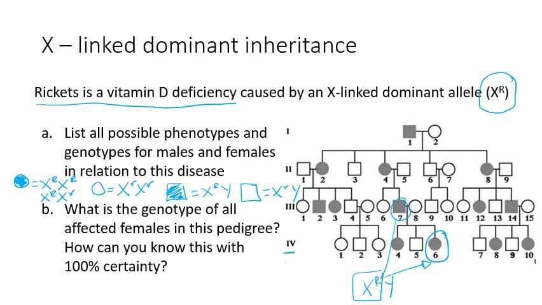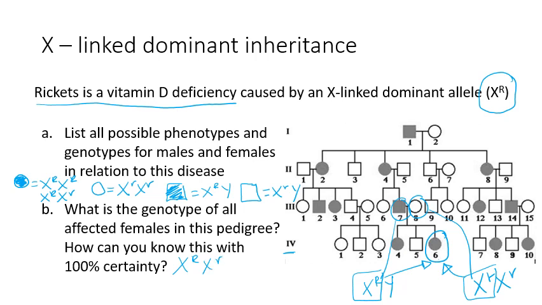So she's got one X capital R from her father. The mother, on the other hand, is unaffected, so X lowercase r, X lowercase r. The mother is going to pass an X little r onto this daughter here, which means that her genotype is going to be X capital R, X little r.